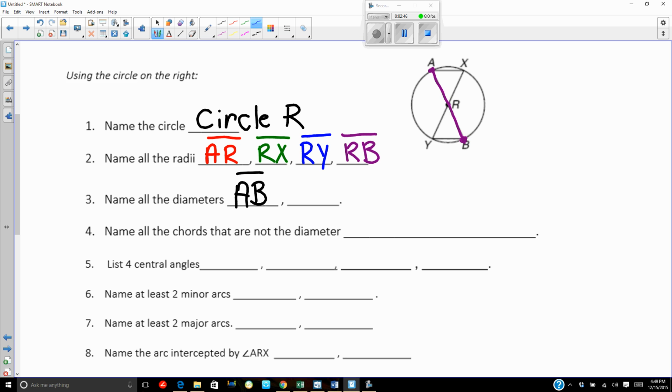And our other diameter goes from the endpoint X to the endpoint Y, and it also goes through the center of that circle. So segment XY or segment YX is the other diameter. And those are all the diameters in this circle. There's only two.